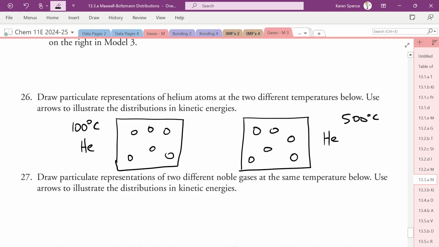How could you represent the speeds of the two different atoms in the two different containers? Arrows, absolutely. So which one should have the longer arrows? The one that's faster. Should they all be the same size? No. So we'll have longer arrows here, but not all arrows will be the same length.